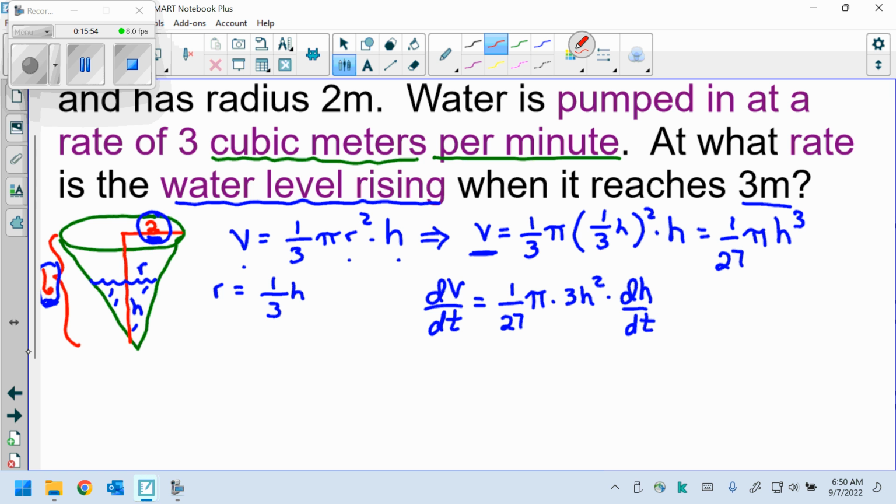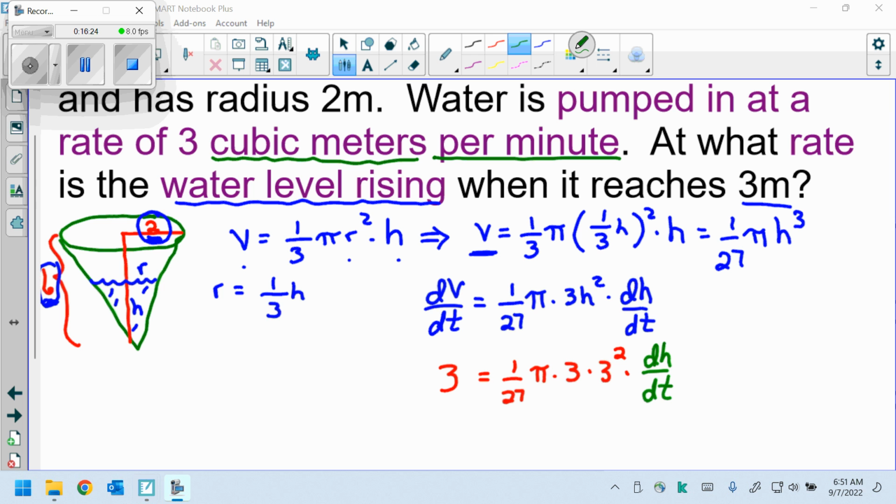In this magic moment, water's being pumped in. The volume is getting bigger at a rate of 3. We've got a 1/27th. We've got a pi. We've got a 3. The height is 3, which needs to be squared. Not going to forget that this time. Times the one thing that we don't know, but our calculator is going to help us find.